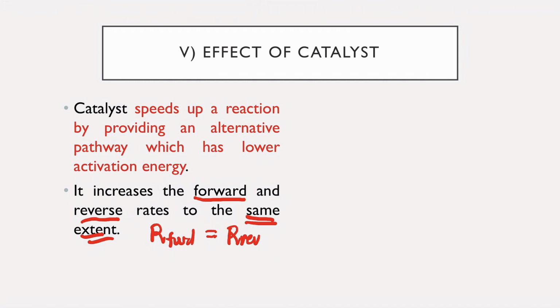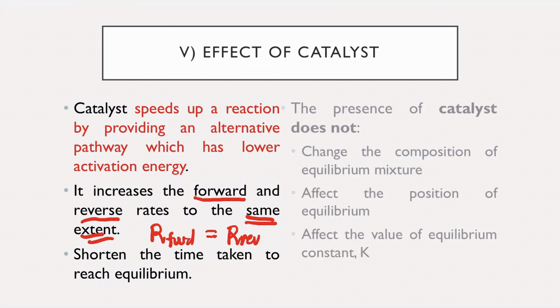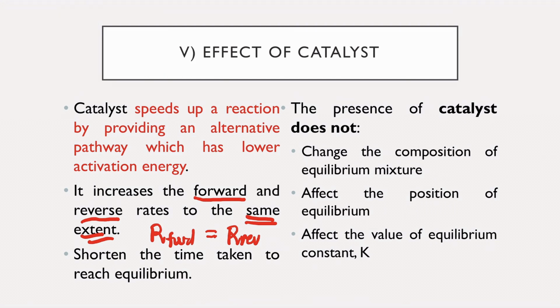It won't be lebih lajukan forward daripada reverse. Okay? Sama je. Okay. Therefore, it will shorten the time taken to reach equilibrium. So, catalyst tu akan cepatkan reaction awak je lah. Okay? So, that means the presence of your catalyst will not change the composition of your equilibrium mixture. Maksudnya, concentration of your reactant and product tu will still remain the same.